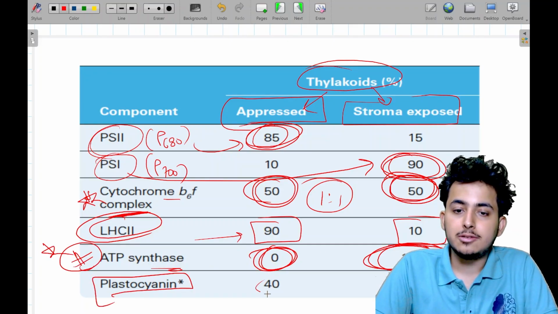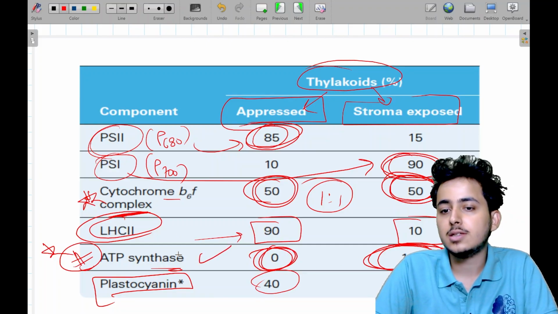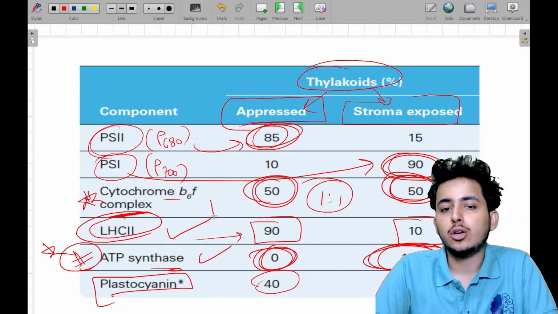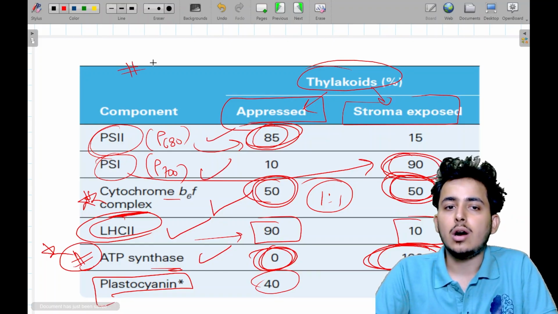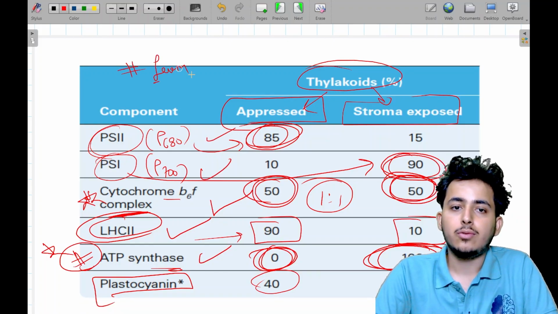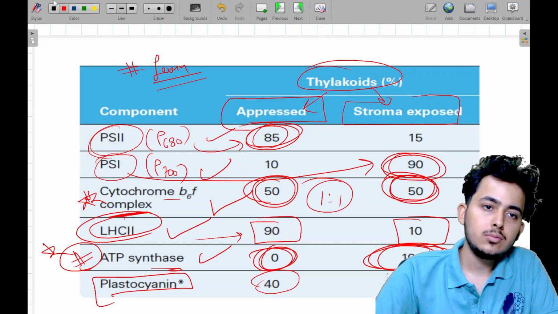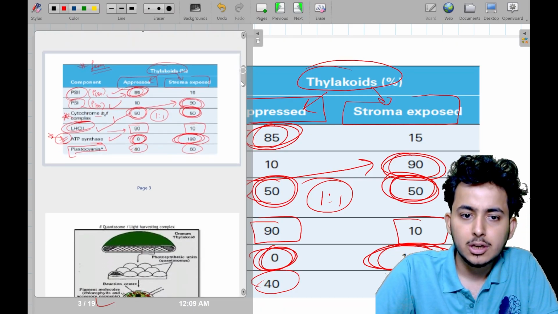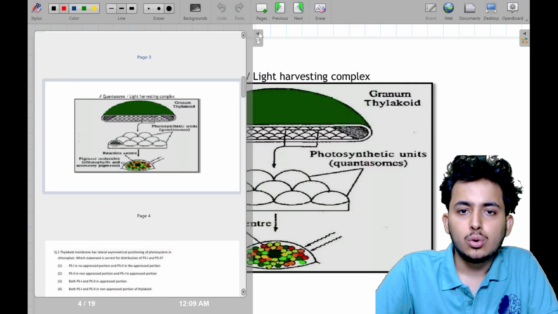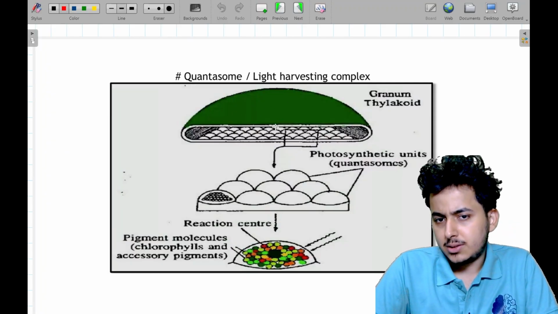Plastocyanin is in a 40:60 ratio, which is not much important, but ATP synthase, LHC2, cytochrome b6f, and PS1 and PS2, these things you have to remember for your examination. Now once we are crystal clear with this concept, we all know that the light harvesting complex is present.